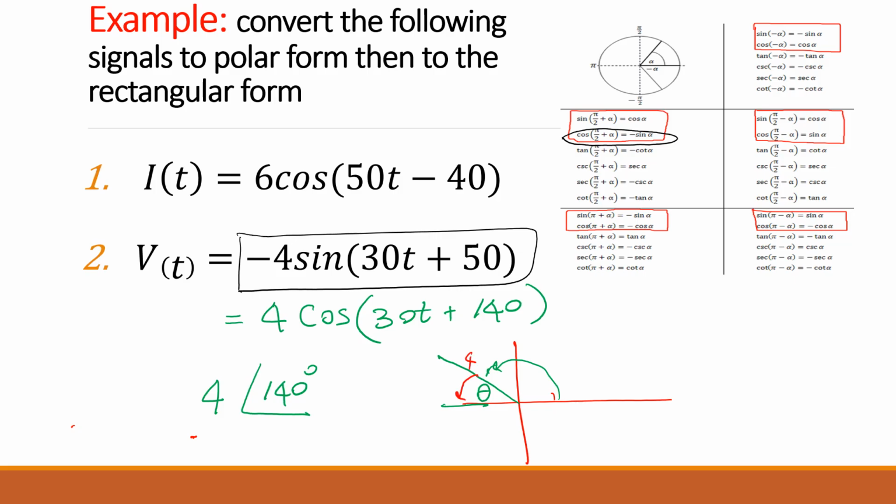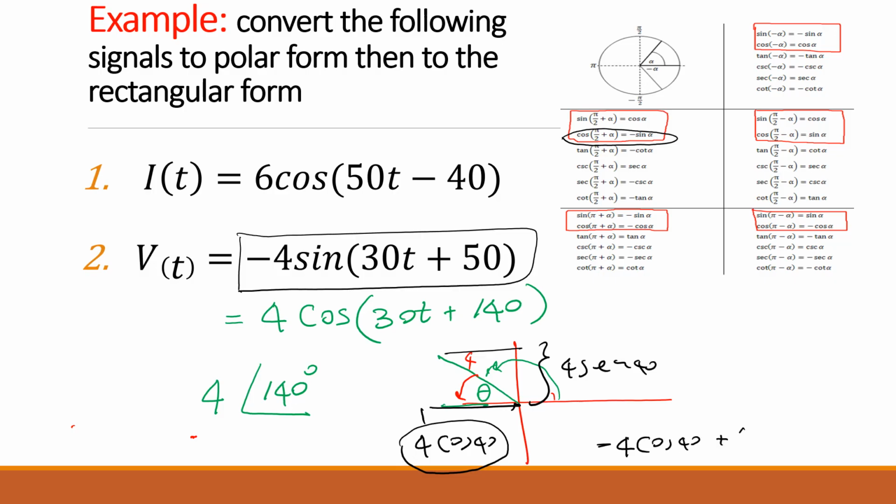So this part will be 4 cos 40 and this will be 4 sin 40. So when you write it, you have to write the real part as a negative one. So you can write it as negative 4 cos 40 plus 4 sin 40j. Am I right?